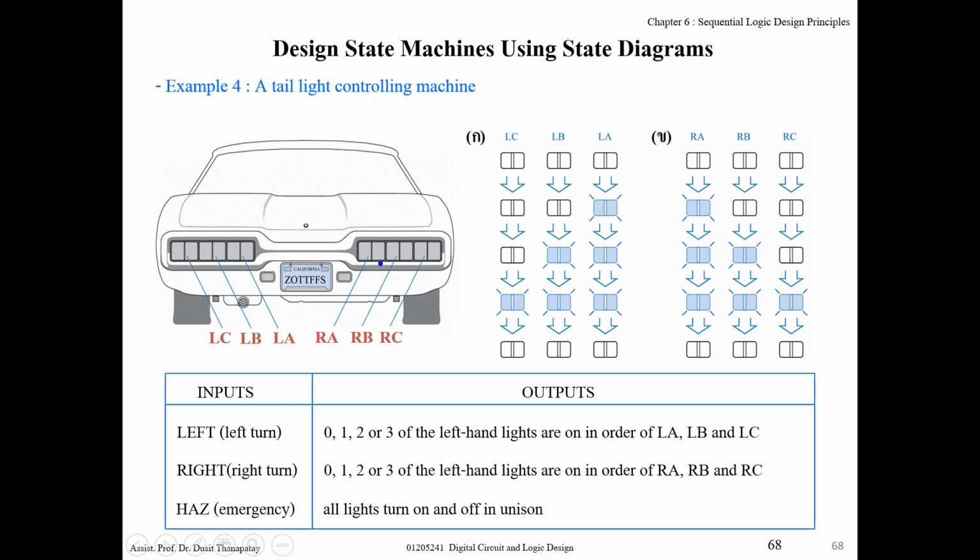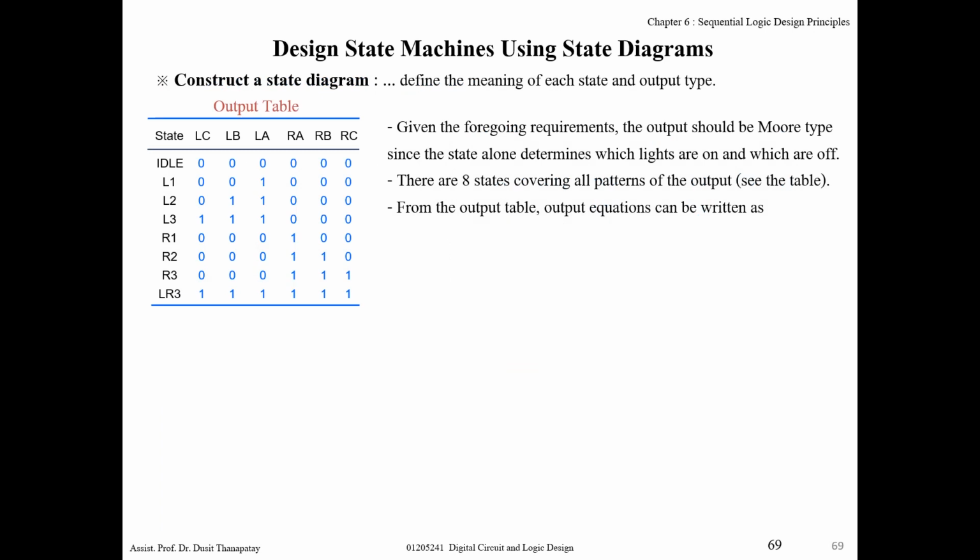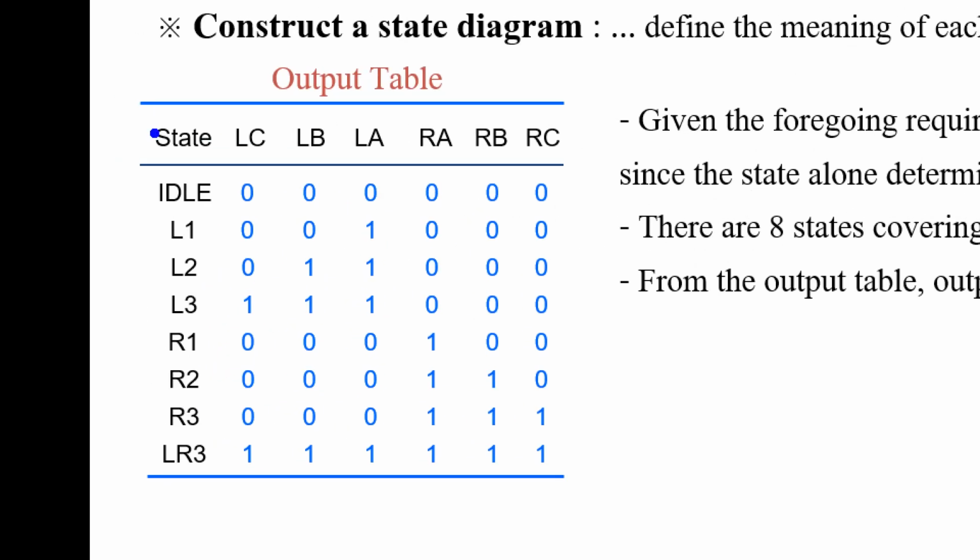So for this example, the state machine should have these states. There is a state that has no output active, let's say state idle.